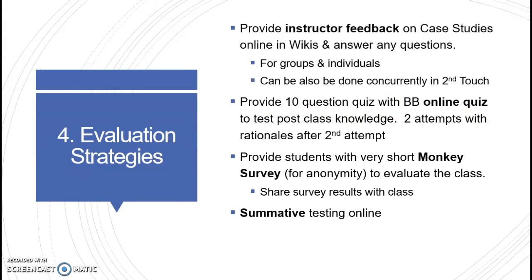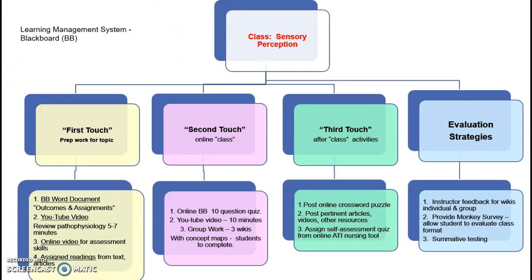And that's it. So this is the class all put together, with short chunks of information repeated, with new information built on old information, with the 3 touches and the evaluation.